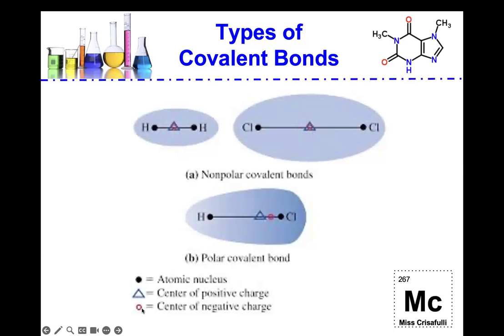The shape is caused by the VSEPR models that we talked about in the last section, which is the valence shell electron pair repulsion, remembering that valence electrons are arranged as far from one another as possible to minimize the repulsion between them.